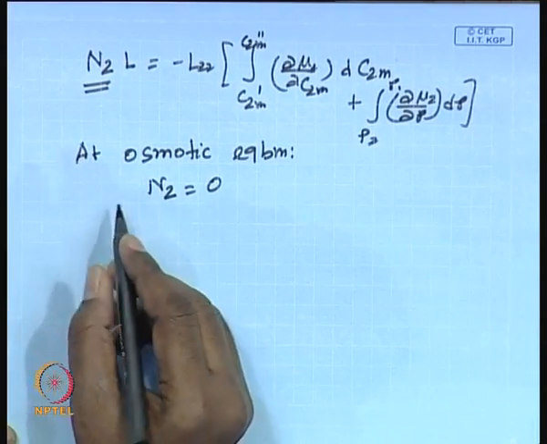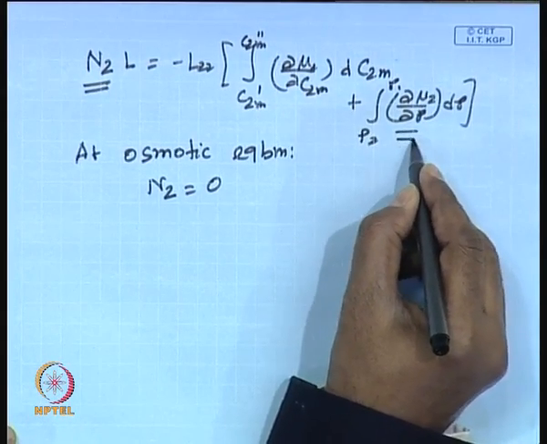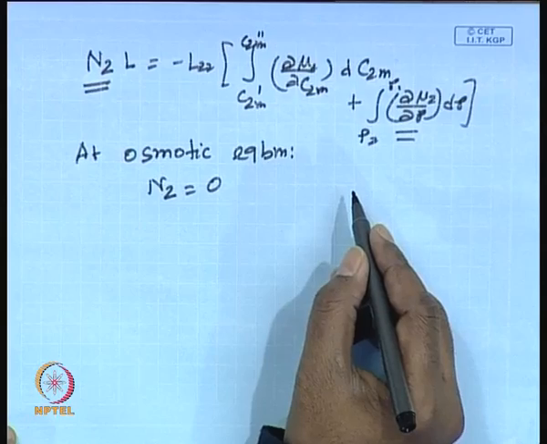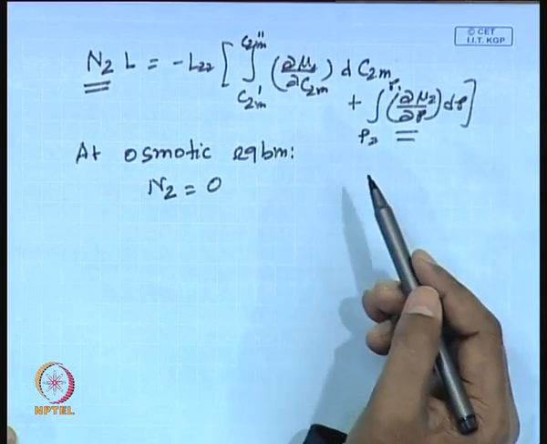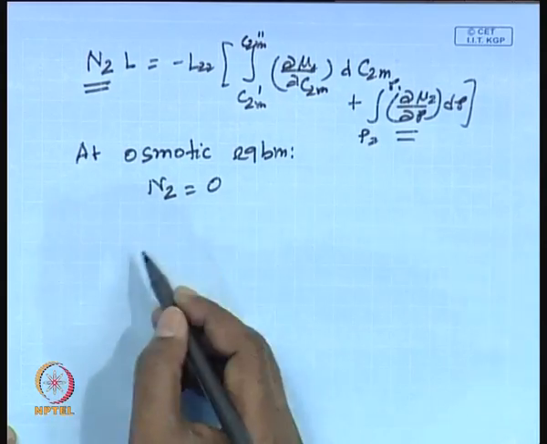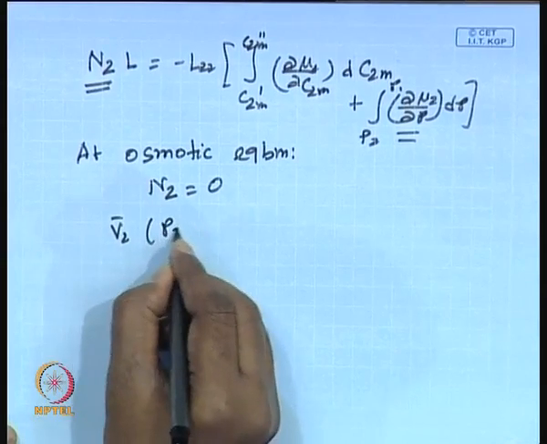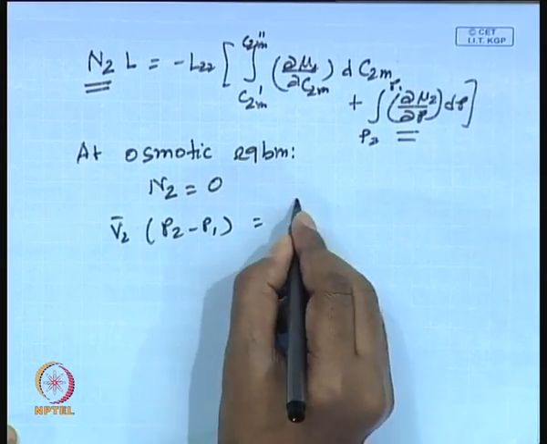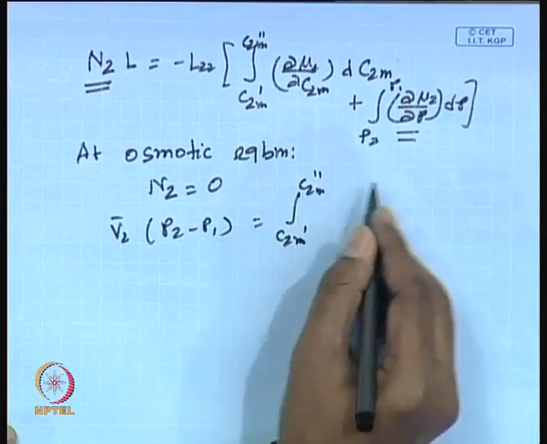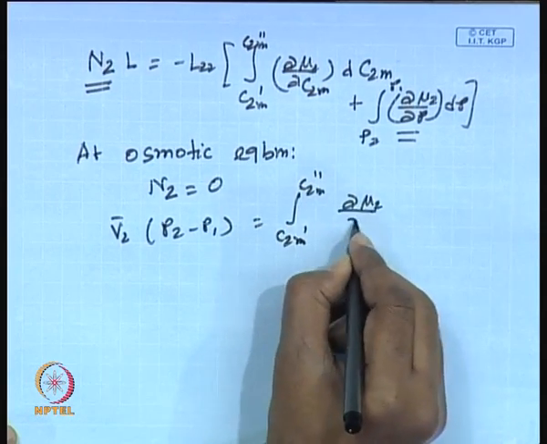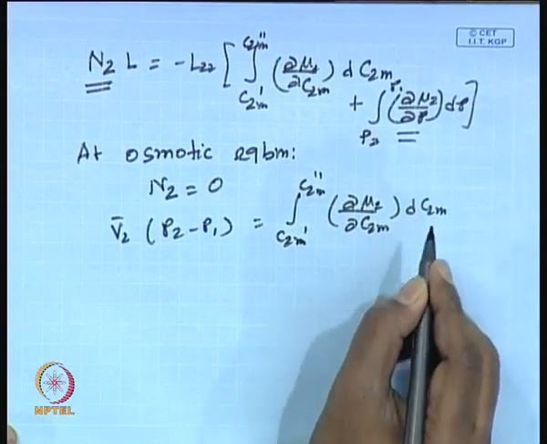So, what does that give? If you put the value of del mu 2 del p as V2 bar, the molar volume, and we are assuming that over the pressure difference P1 and P2 the molar volume does not change, from the above equation what you will get is that V2 bar times (P2 minus P1) will be nothing but the integral from C2m prime to C2m double prime of del mu 2 del C2m dC2m.